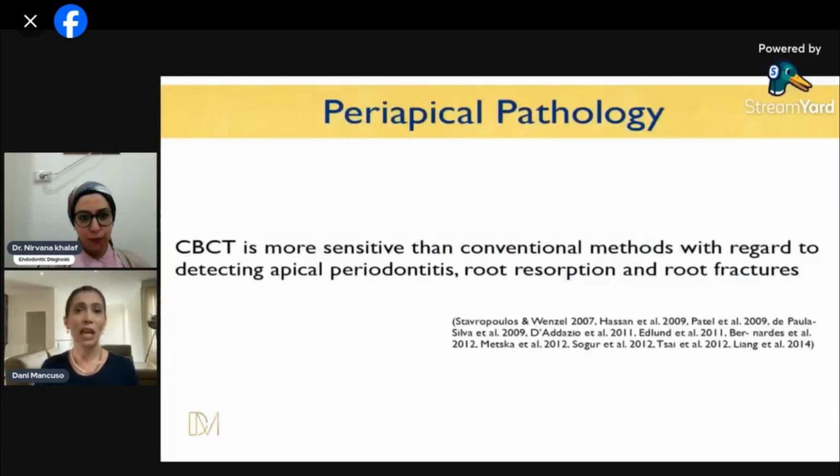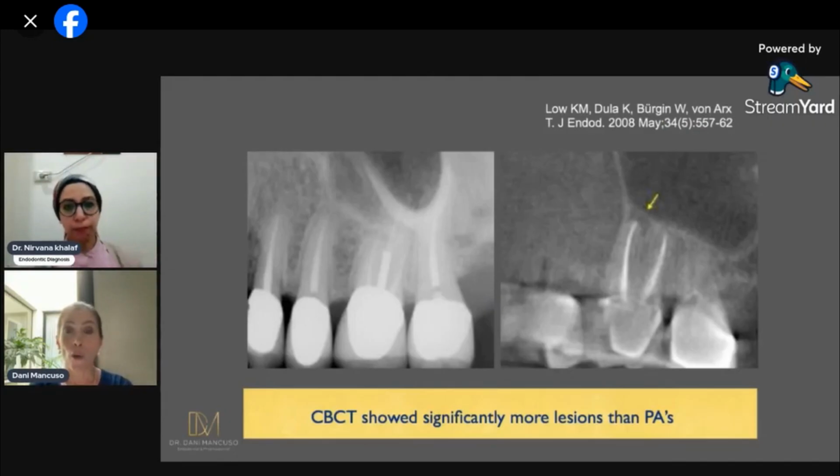Yes. Periapical pathology: several articles in the literature show that CBCT is more sensitive than conventional methods with regard to detecting apical periodontitis, root resorption, and root fractures. Right, so when I started doing the CBCT, that was in 2008, and this was one of the first articles I saw.